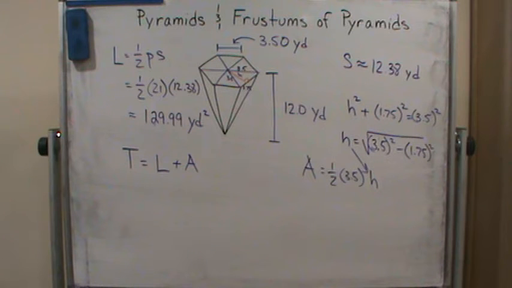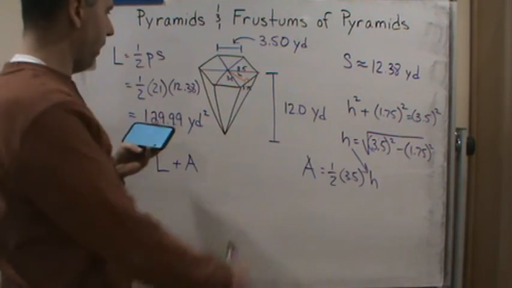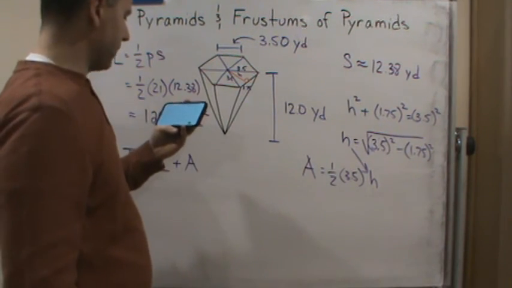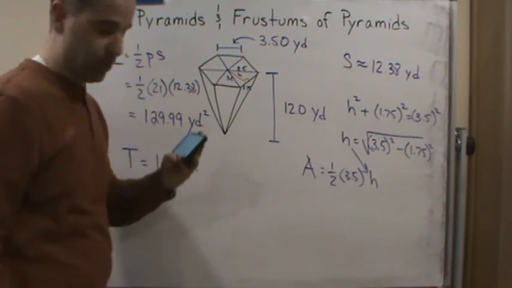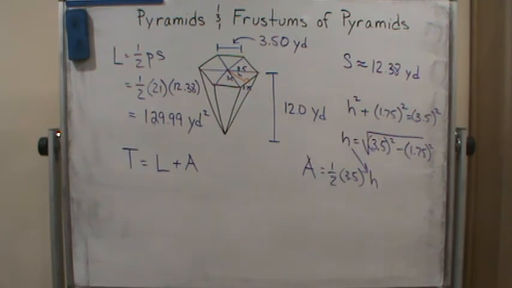Yep, I got the same answer that they got in the book for the area of the hexagonal base. Is that how they rounded it? Okay, mine's a little bit off. Oh, they did round a little differently.